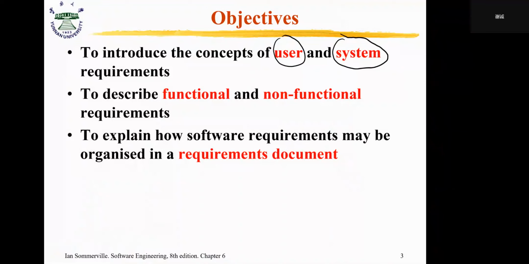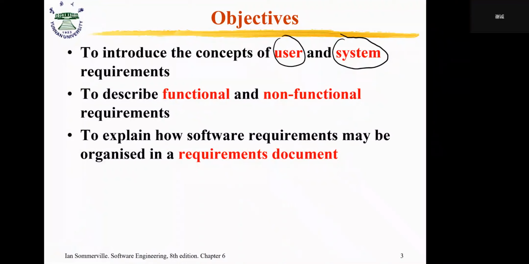This is a question for you. Can someone tell me: user requirement, for who to read? System requirement, for whom to read? Who can try to guess? This class, we will introduce requirements.